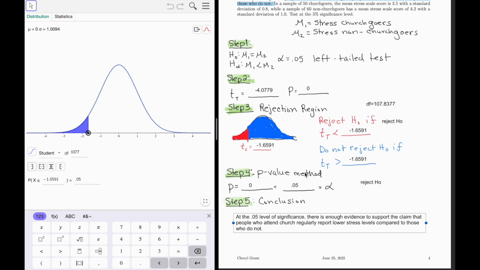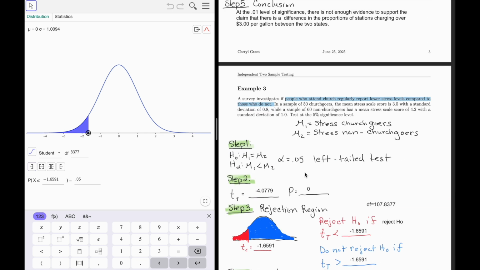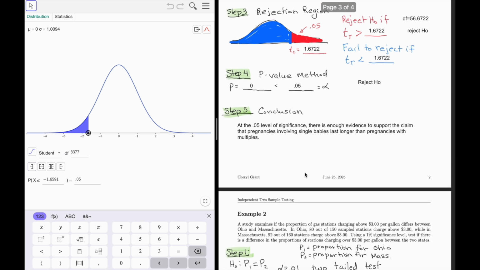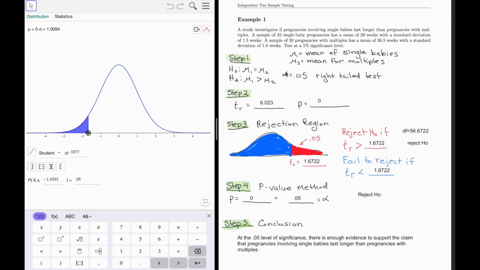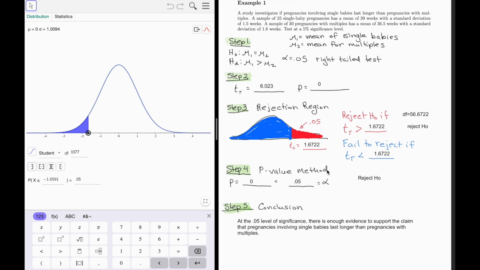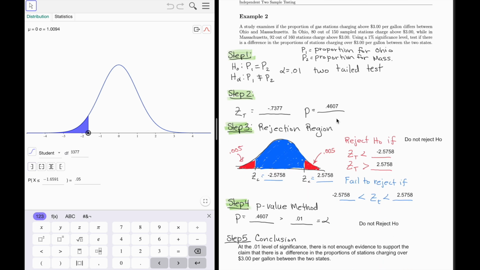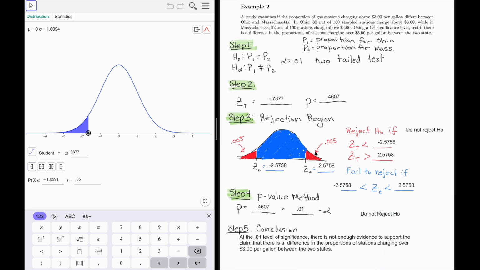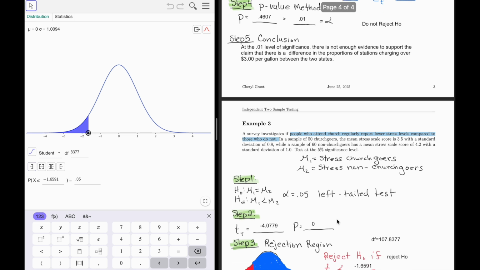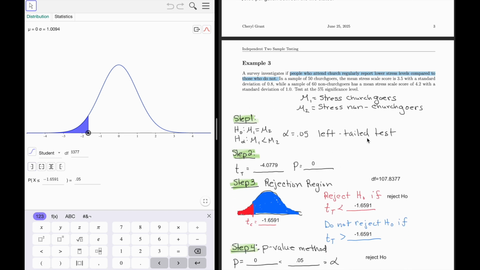So we went through an example of each type of hypothesis test for 2 samples. Here, we went through a right-tailed test with a mean. Here, in example 2, we went through a two-tailed test with the proportion. And then we did another mean test down here, but this was a left-tailed.